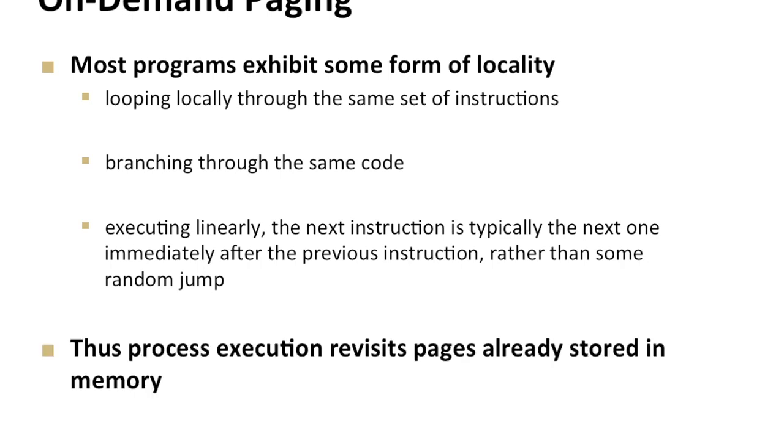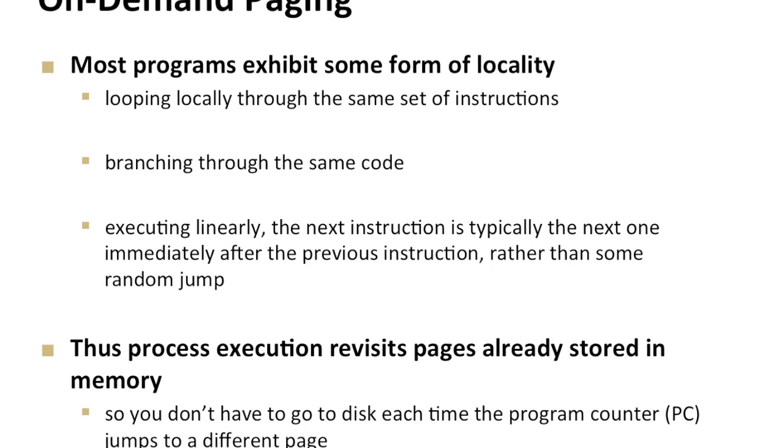But then we're going to return back where we were. So this is showing that we're really going to just be in a set of code that we probably are running over and over. Those are the pages that need to be in memory for us. We don't have to go each time we are trying to jump to a new page. We could have those pages sitting there.